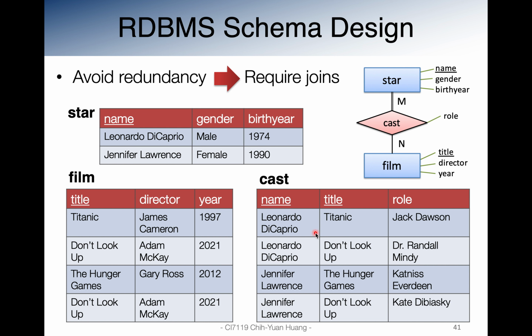So the redundancy over here will be only those integers, those primary key integers, instead of larger text like the names and titles shown over here. So the good thing about this design is having the tables represent those different entities and also the relationships.